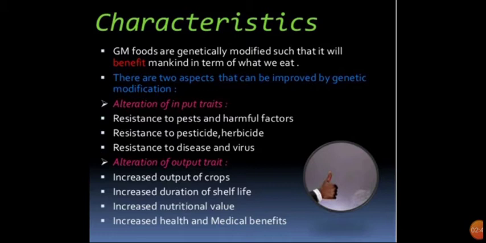They are resistant to pesticide, herbicide, diseases and various viruses. In alteration of output traits, these crops increase the output of crops, increase the duration of shelf life, increase nutritional value and increase health and medical benefits.